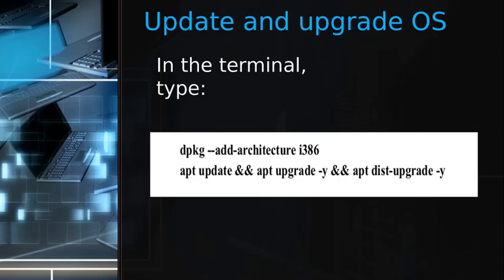What this does: the update gets an updated list of all the versions of the software that's already installed on your Kali distribution. What apt upgrade does is look at those versions, and if there's a newer version, it'll try to download and upgrade that software. The -y will automatically answer yes if it asks, are you sure you want to install the software? That just automates a little bit of the process.